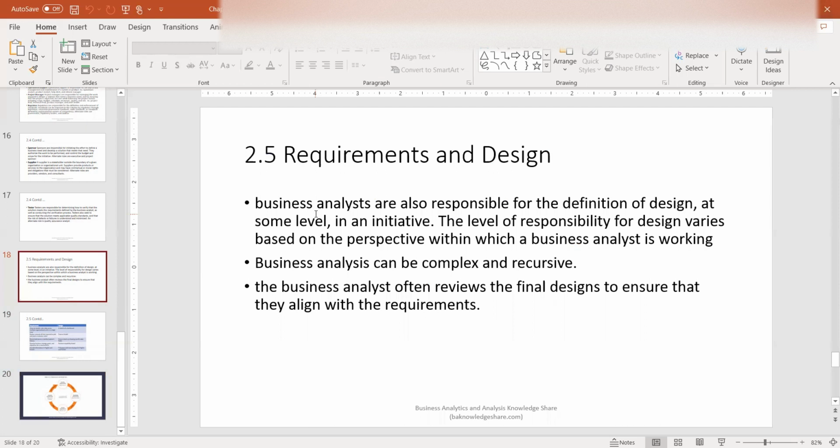So that's something to keep in mind. Now, in the context of maybe a simple project that you're working on, the design could be structured by the tech lead, but you have a say in how things work in terms of the design, whether it actually meets the requirements. So that's it for Chapter 2, Requirements and Design within the BABOK.